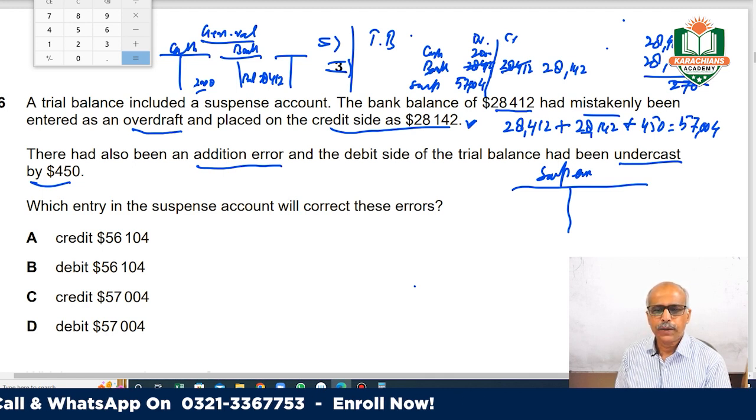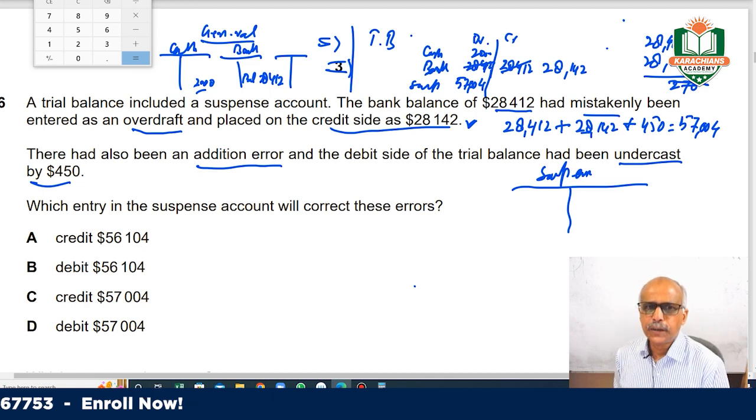You agreed both debit and credit, and then made your financial statements and presented them to the management.